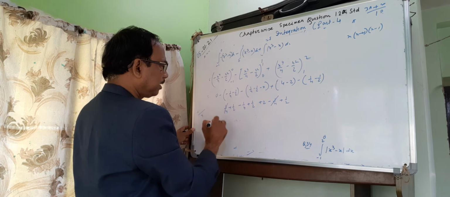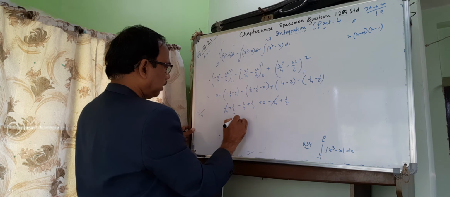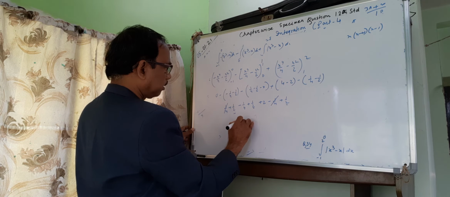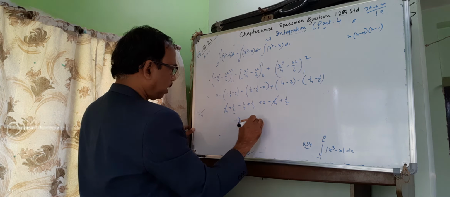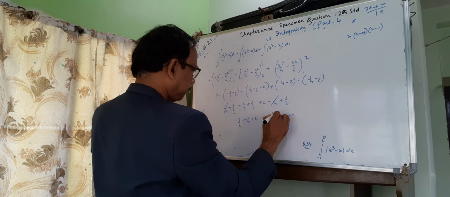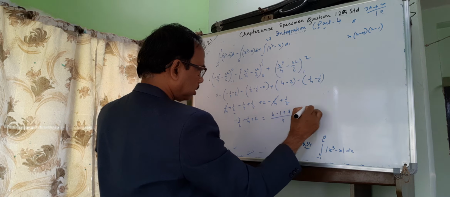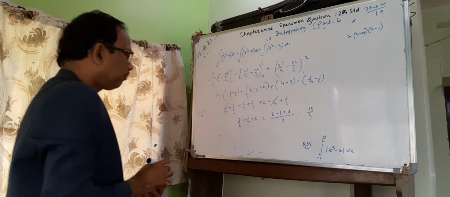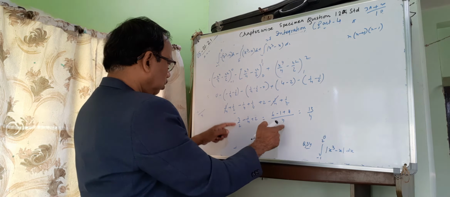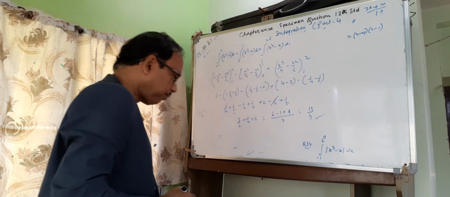This and this cancelled. That is 3 by 2, 1 plus 1 plus 1. 3 by 2 minus 1 by 4 plus 2. LCM is 4. 6 minus 1 plus 8. 13 by 4 is your final answer.